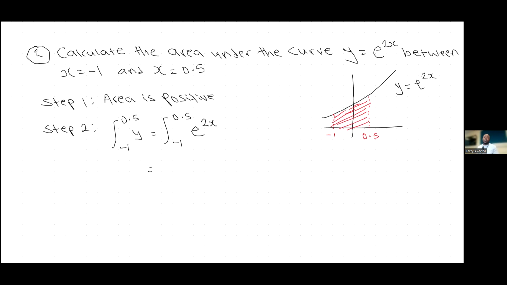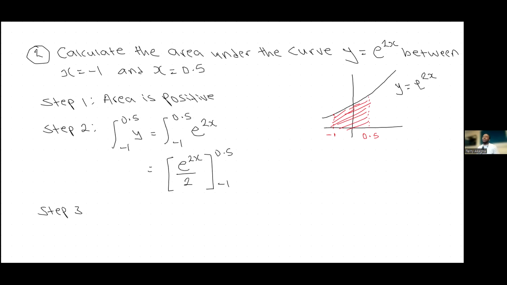The first thing you do is differentiate the power to give you 2, and then divide the original expression by your answer. So it's going to be exponential 2x divided by 2, between 0.5 and minus 1.